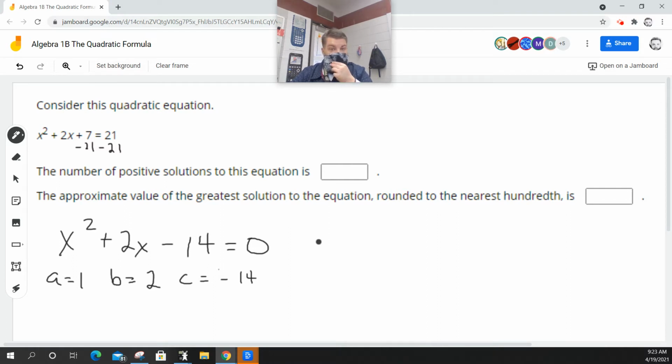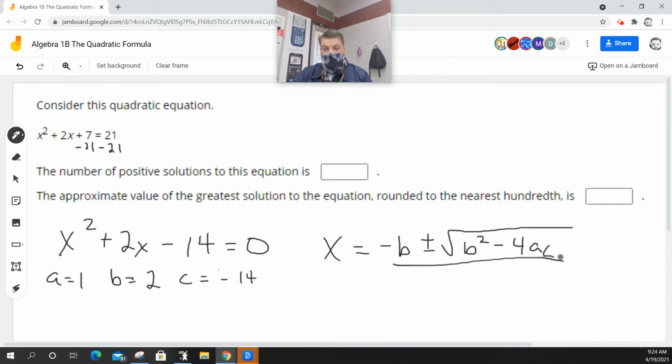So we're going to plug this into our quadratic formula. Let me write out the formula first. I want you guys to see it every time. It's negative b plus or minus the square root of b squared minus 4ac, all over 2a.